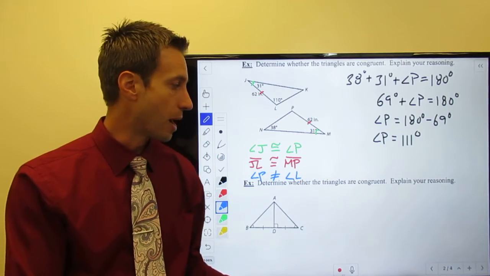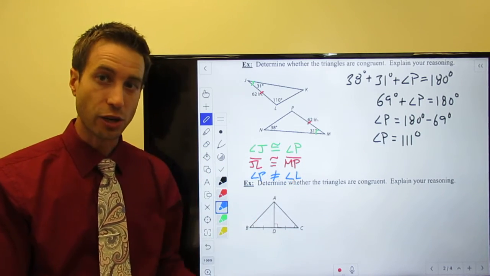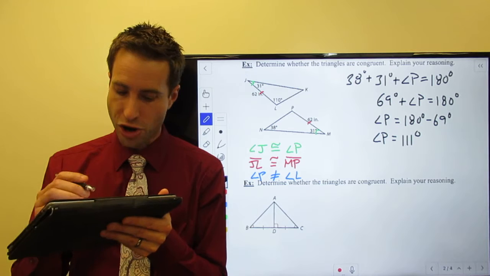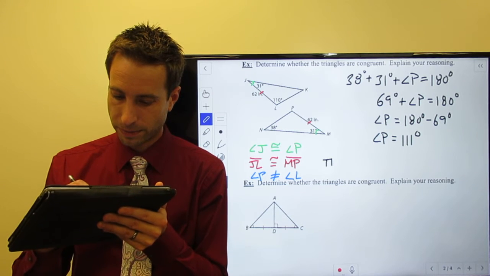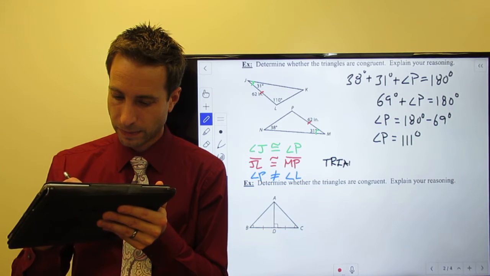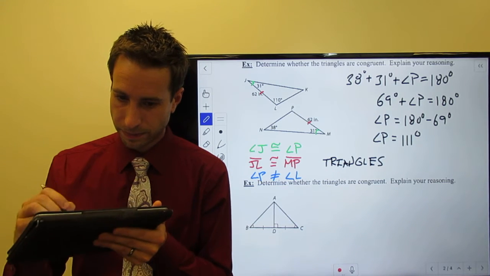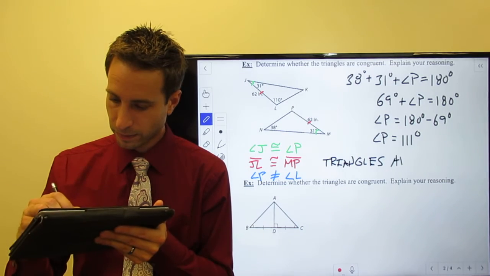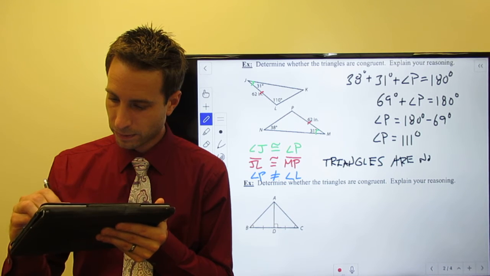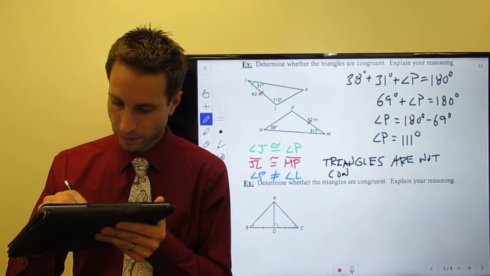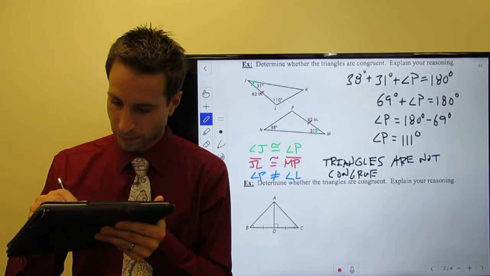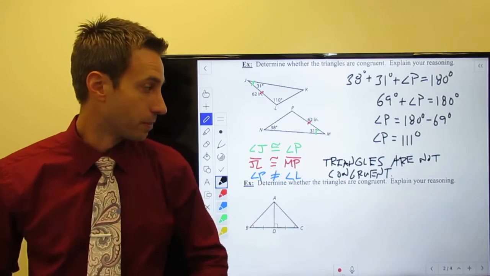That is no bueno. Since those guys are not congruent, I know that these triangles are not congruent. Triangles are not congruent. Okay, awesome.